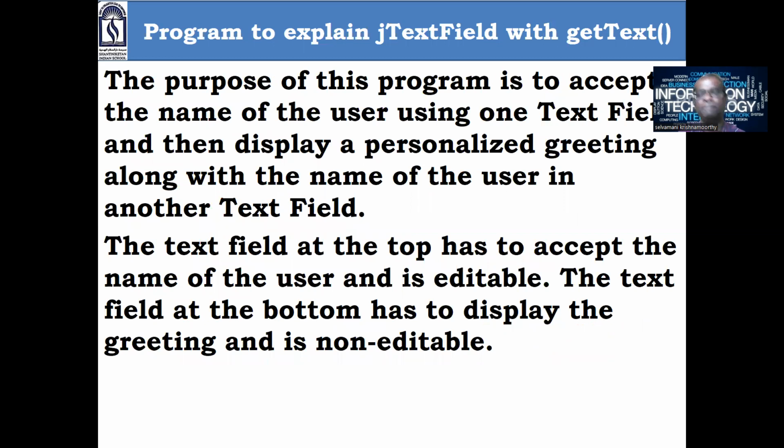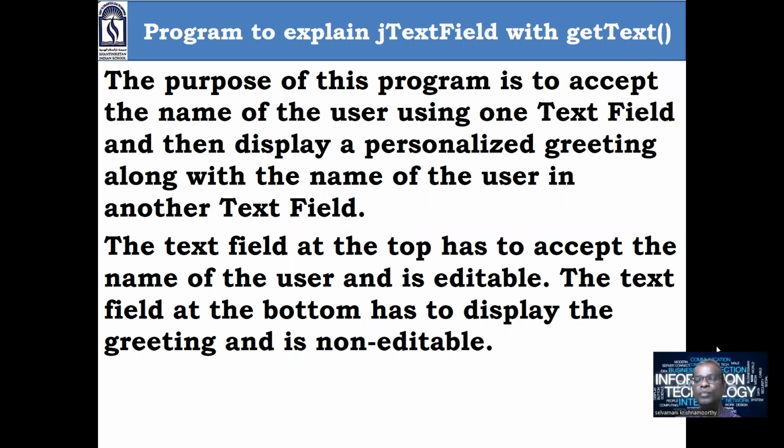Now, the program to explain jTextField with getText. This is what our aim is. First, we must understand the purpose of this program. Why we need this program. See, the purpose of this program is to accept the name of the user using one text field and then display a personalized greeting message along with the name of the user in another text field.